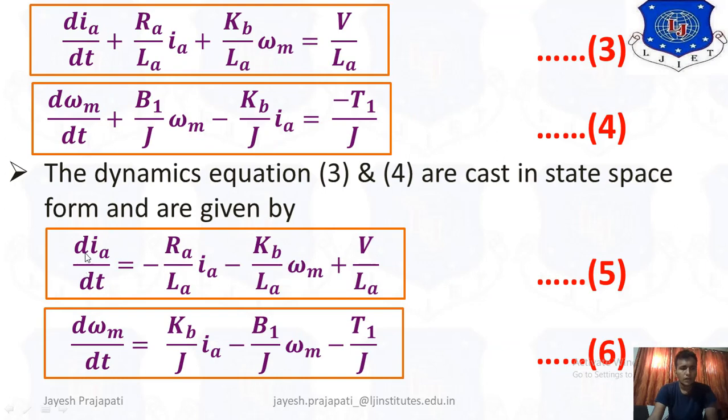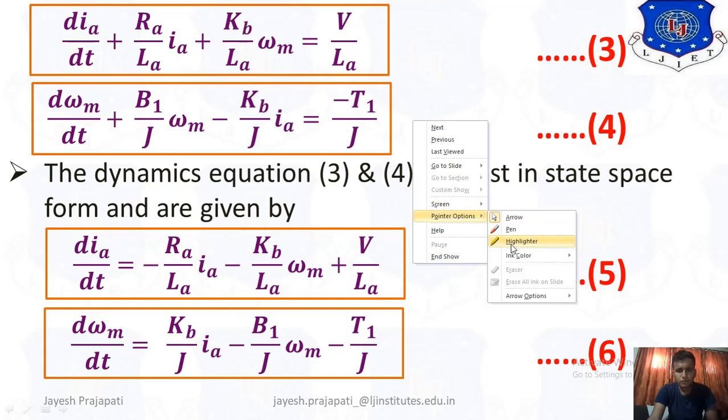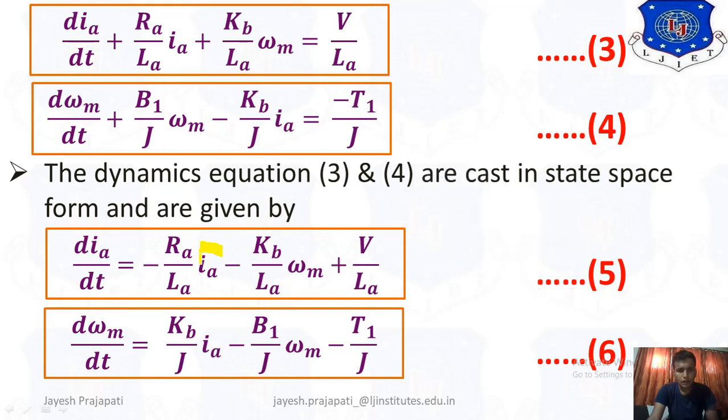You can see we have simplified dia by dt as rho into ia, d omega m by dt as rho into omega m, and then we have written ia and omega m, and this ia and omega m we have taken as a matrix.